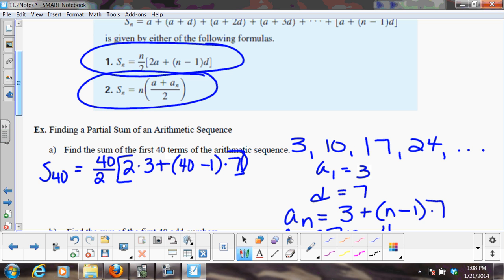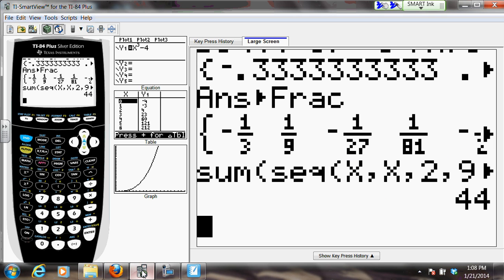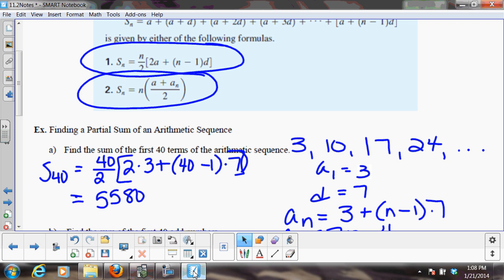Oh, bracket. And this should come out to 5,580. I'm going to check on that just to make sure. 40 halves, which is 20.